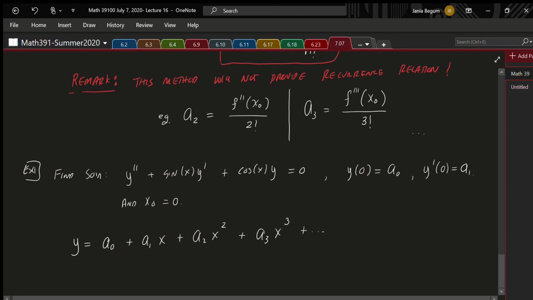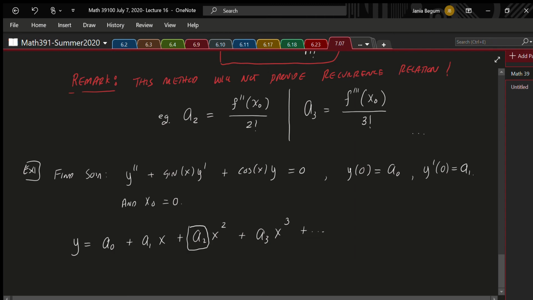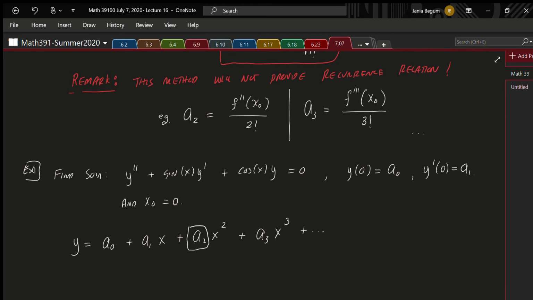So let's get the coefficients using Taylor's expansion. a0 and a1, leave as they are, but how do you compute a2? We just said a2 is going to be the second derivative over 2 factorial. I have my equation in terms of the second derivative, so all I have to do is solve for the second derivative.